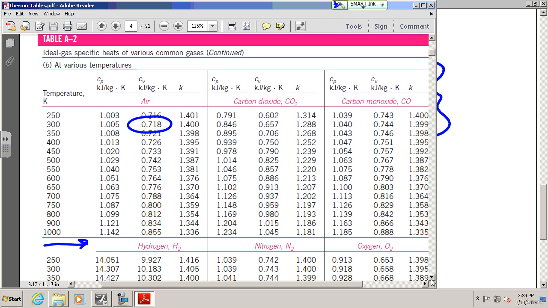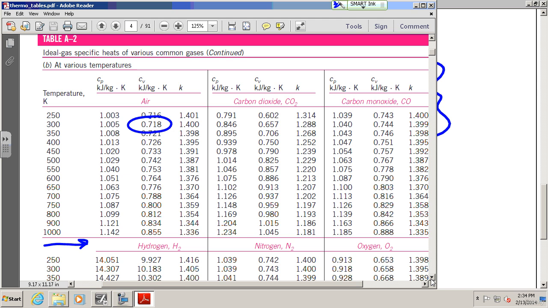What's halfway? 900 Kelvin. 900 Kelvin is halfway between 300 Kelvin and 1500 Kelvin. So a logical choice for C sub V would be the halfway value.